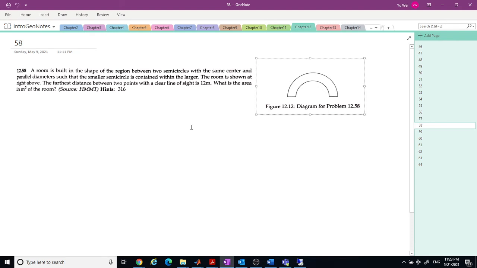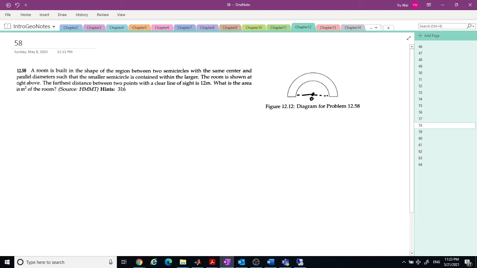Next, so we have this region, right? So this is the center O, right? Okay, so now it mentions the center O with the 2 half semicircles with the radius, and the small one is contained in the large one.